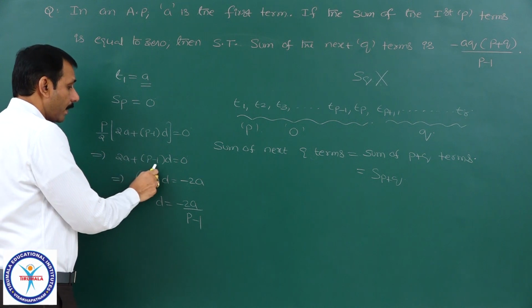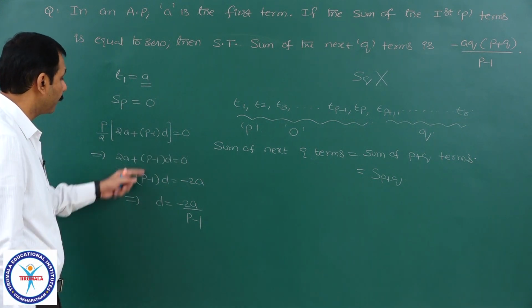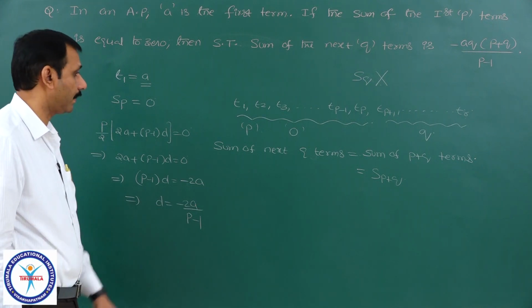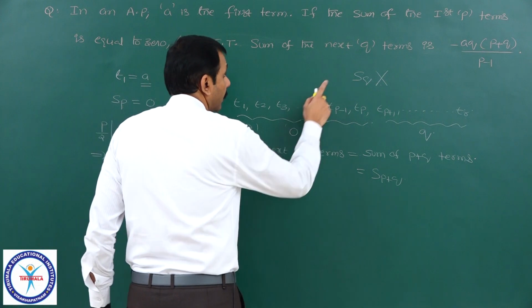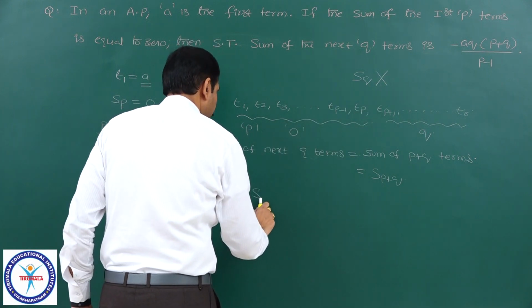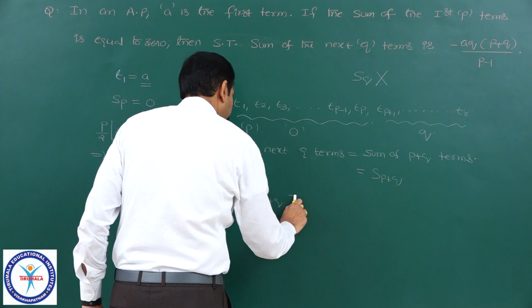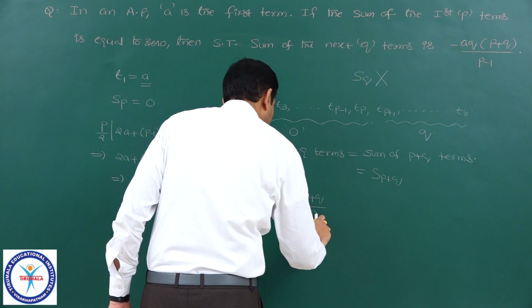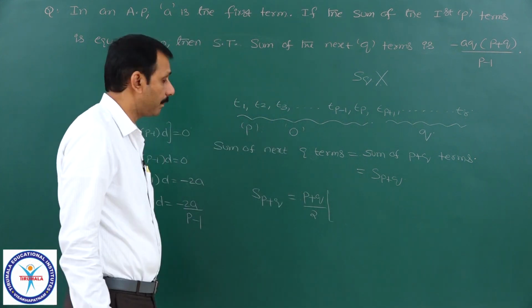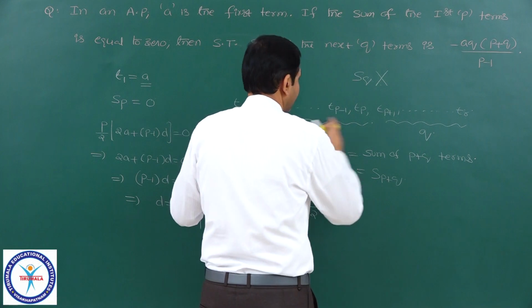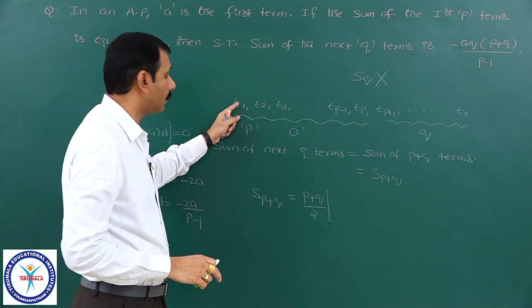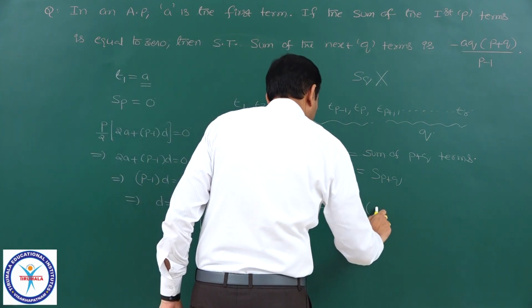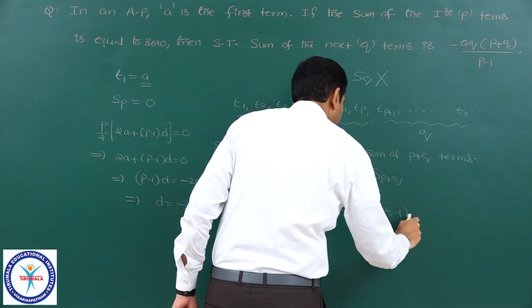Either I can use 2a plus (p minus 1) into d equal to 0, or I can substitute d equal to minus 2a by (p minus 1) whenever it is required. Therefore, now the sum of the next q terms means I want S(p plus q), usual notation only. It is n by 2, here it is (p plus q) by 2 into, for this total sequence, the first term is T1, T1 is a only, it is 2a plus (n minus 1) into d, here it is (p plus q minus 1) into d.